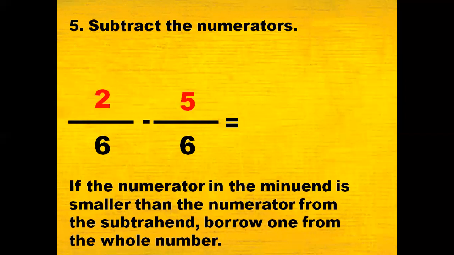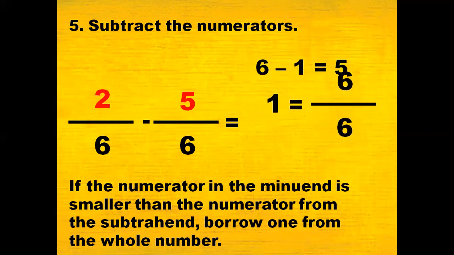Remember, if the numerator in the minuend is smaller than the numerator in the subtrahend, borrow 1 from the whole number. So our whole number is 6. So we need to borrow 1. So 6 minus 1 is equal to 5. So we only have 5 wholes.